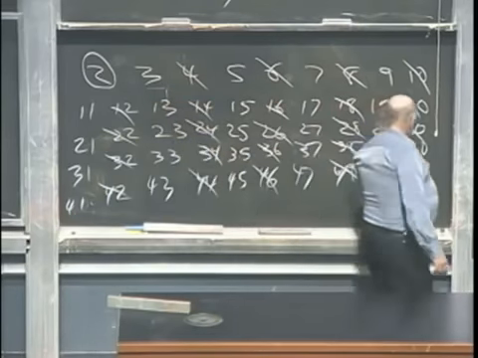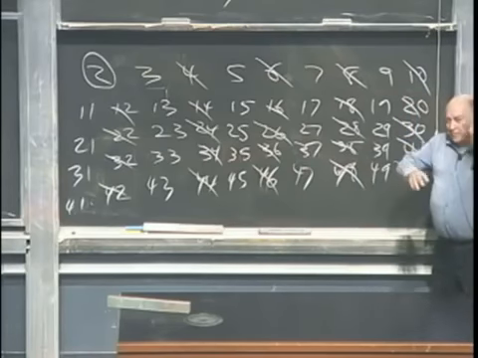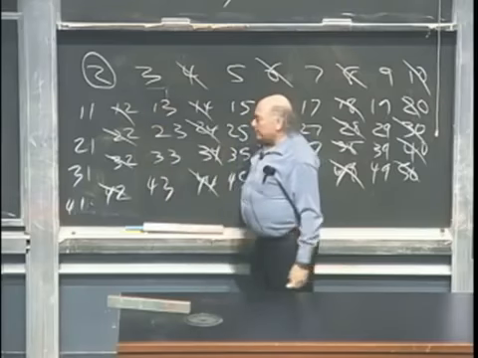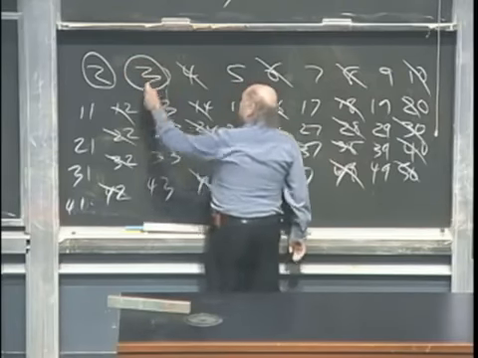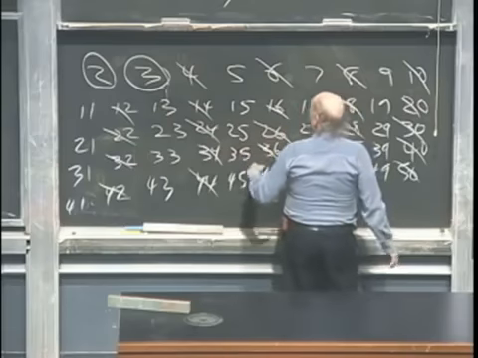Did I get them all? I think so. Repeat, just like shampooing. So take the next unmarked number, that's 3. Circle it, it's prime. Now cross off all its multiples.